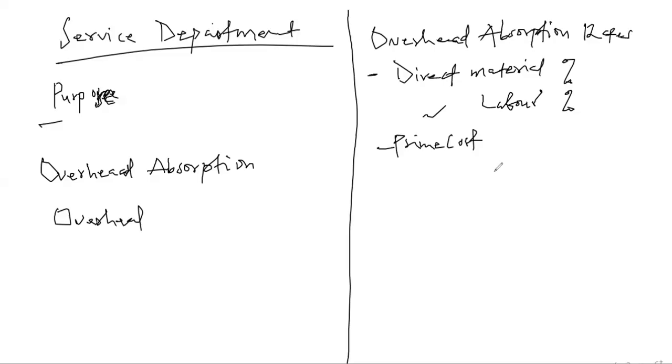That is the summation of the direct material, direct labor, and direct expenses. That is prime cost.